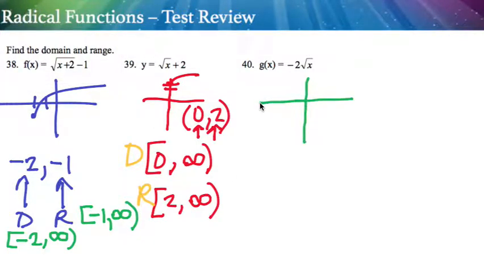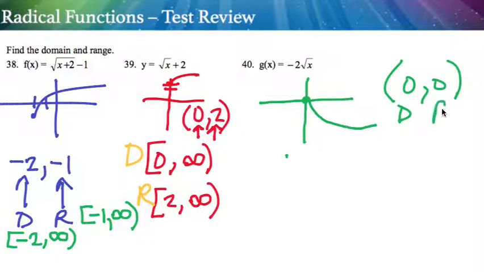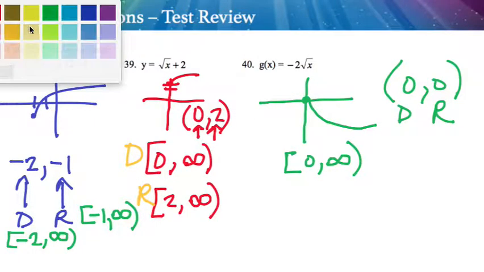So this is, now I'm not shifting it anywhere, so it's just right here, but it's upside down. Okay? So again, I'm at 0, 0. Okay, starting from 0, this is my domain, this is my range. This is where I'm starting from, okay? But here's the problem. Okay, so domain is 0 to infinity because I am actually going from 0 to the right.